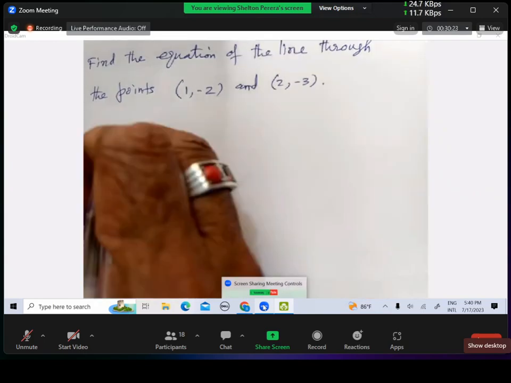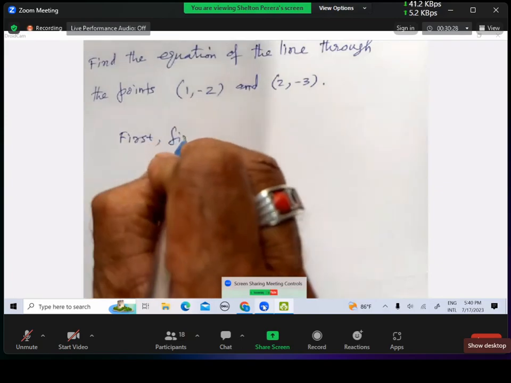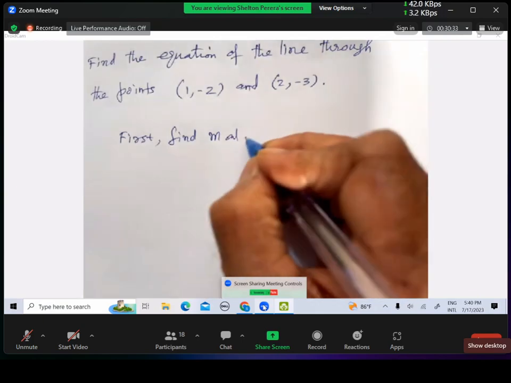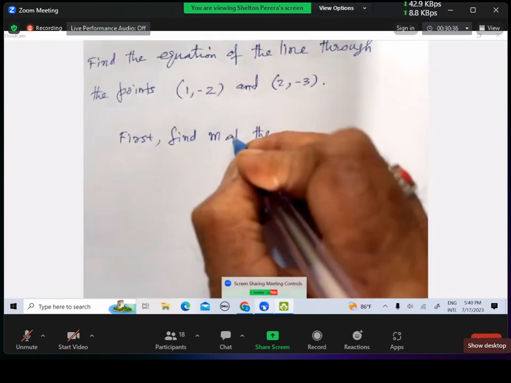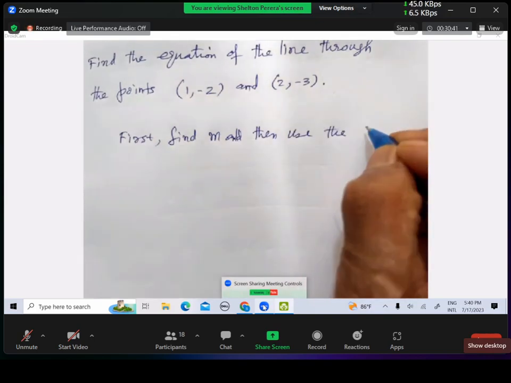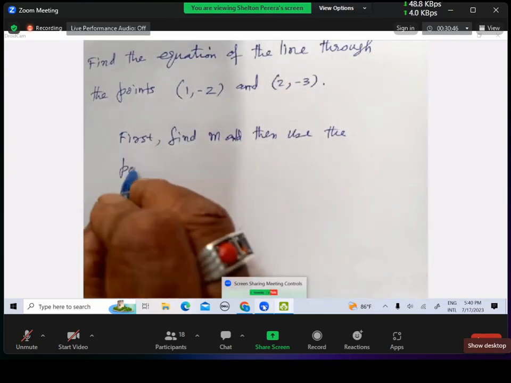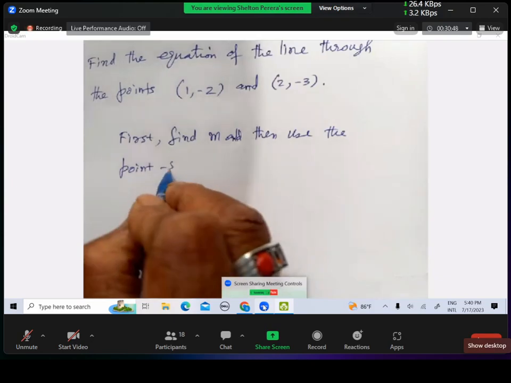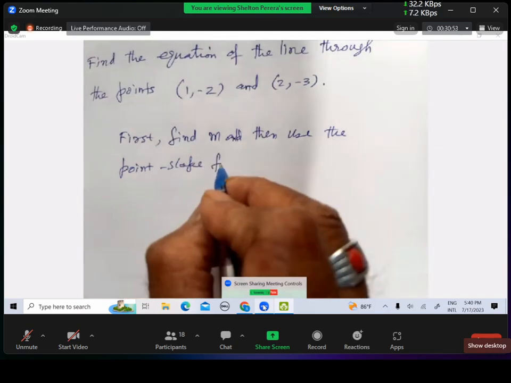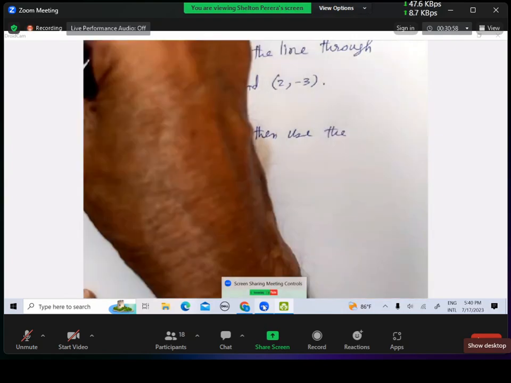First find m. And then use the point slope form, taking any of these two as the point. Can somebody do the problem?